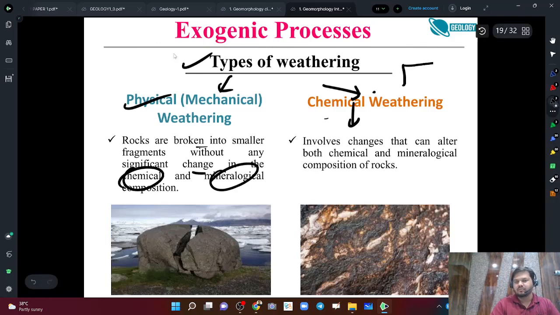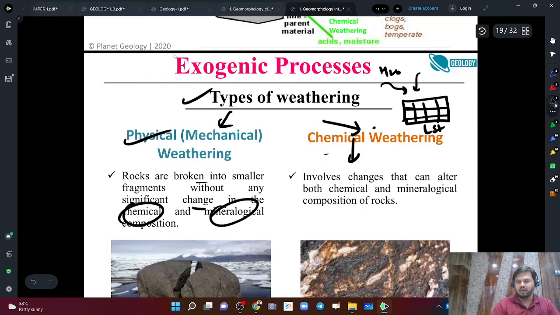For example, this is a rock, the very famous limestone. Suppose there is rainfall, and in the atmosphere there is too much carbon dioxide. Water mixes with carbon dioxide and forms carbonic acid.